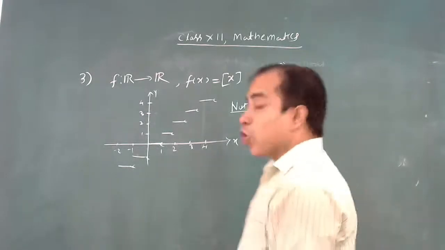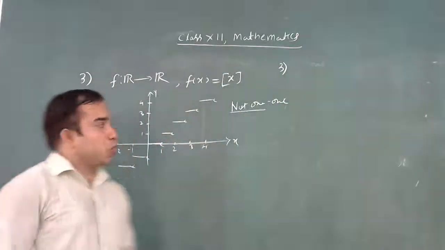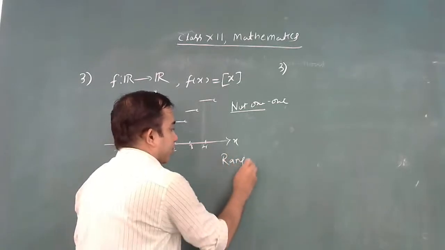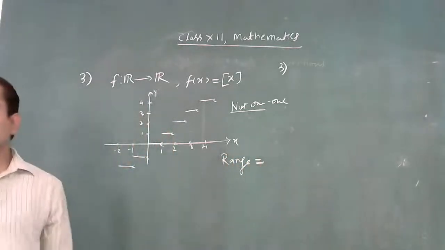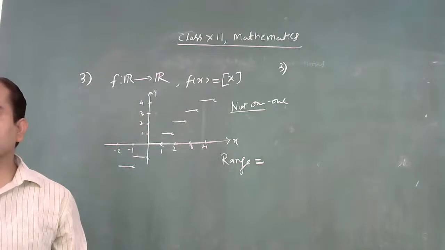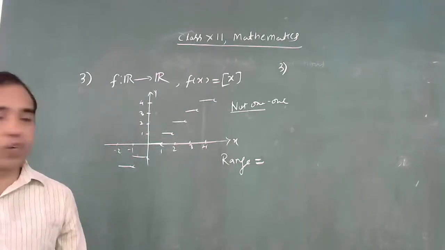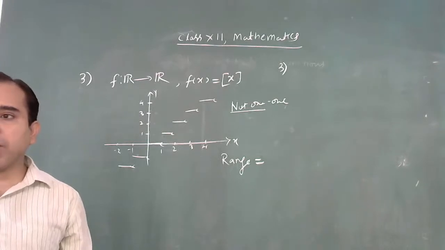बिल्कुल। ऑनटूनेस के बारे में बता दो, इसकी रेंज बता दो जरा। बोलो रेंज क्या है? रेंज, हाँ नॉट 1-1 ठीक है। रेंज क्या है? What is the range of greatest integer function? Anybody remember?